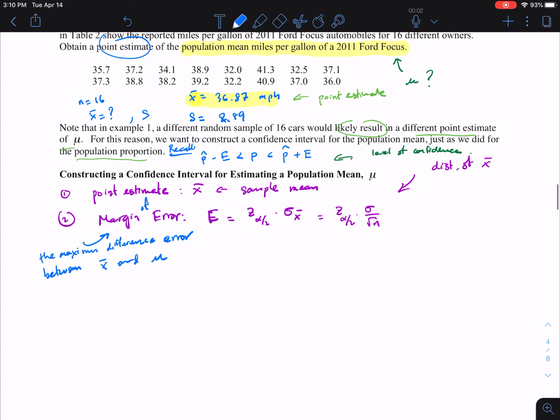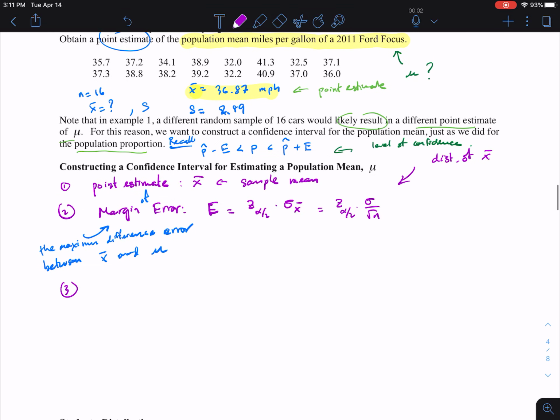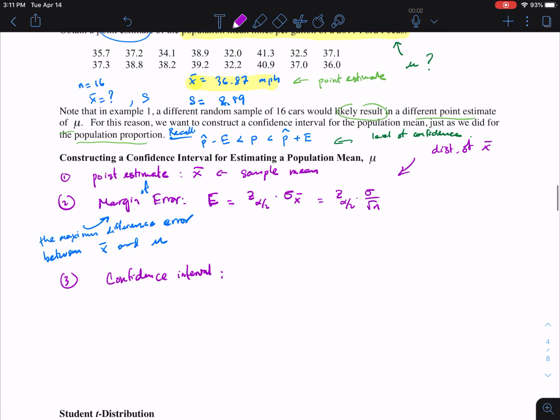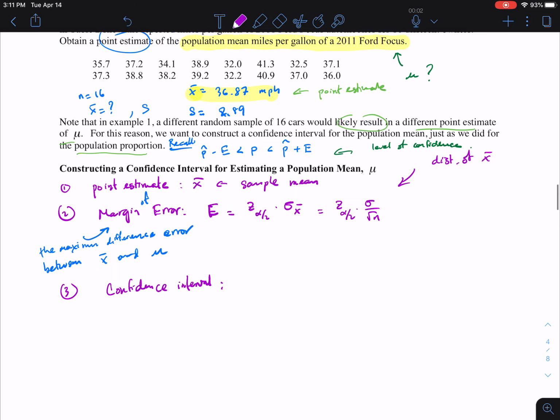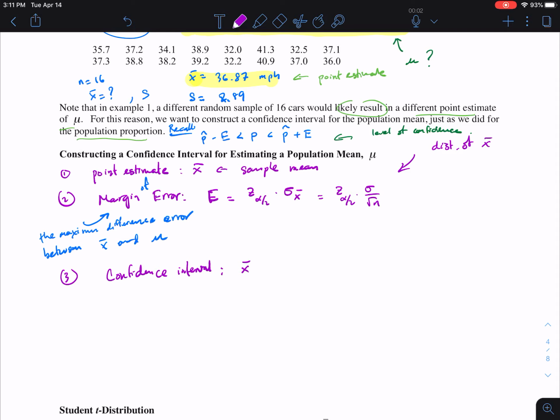From there, as you recall, we move on to constructing the confidence interval. We said we take p hat minus the margin of error, and p hat plus the margin of error to get the endpoints. In this case, we do a similar thing. We take x bar minus the margin of error, and x bar plus the margin of error. That's how we get our confidence interval.